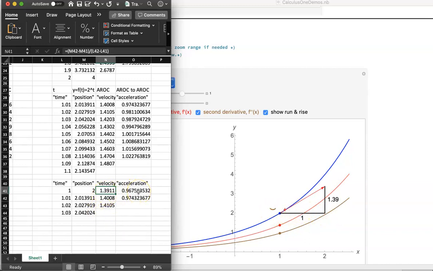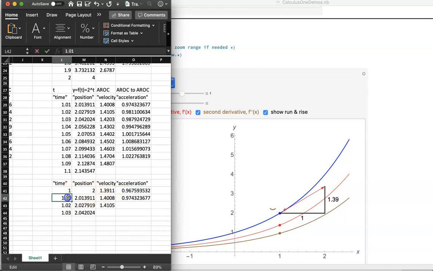And we're seeing the acceleration, which is the slope of the tangent line to the red graph, which is a smaller number than the slope of the tangent line to the function itself. The slope of the tangent line to the red graph, the derivative, is the second derivative. And we can see that we're supposed to get 0.96 there.